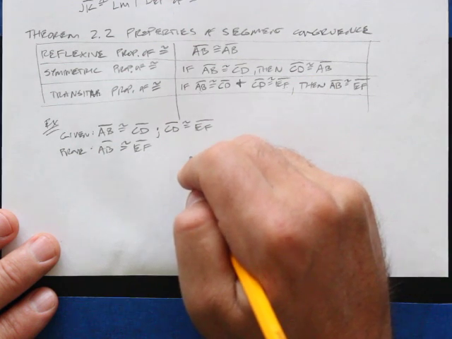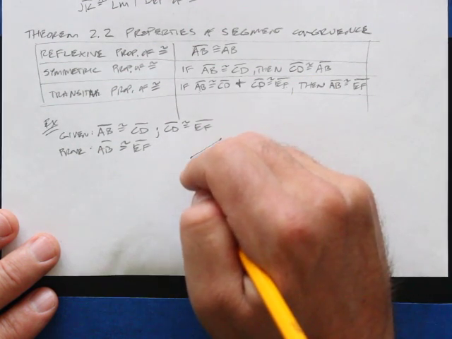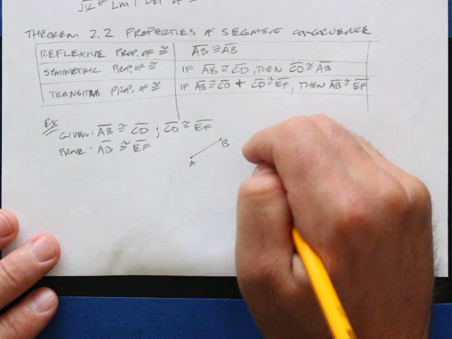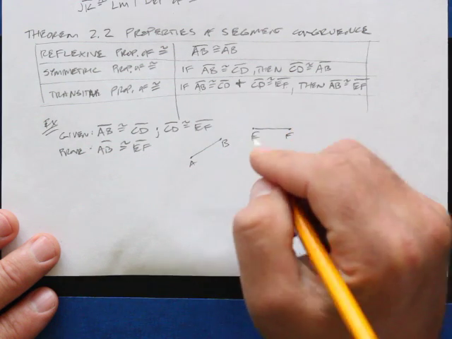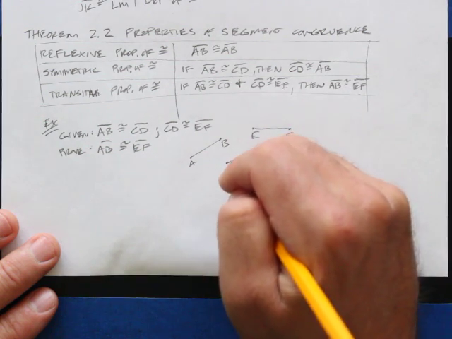So if I have these three segments, AB and EF and CD.